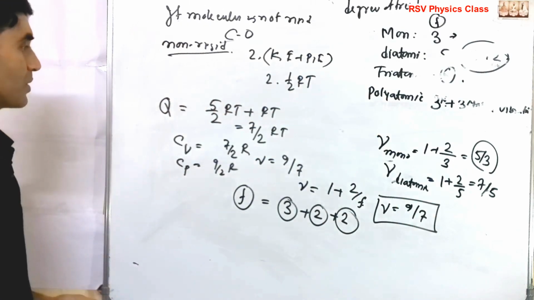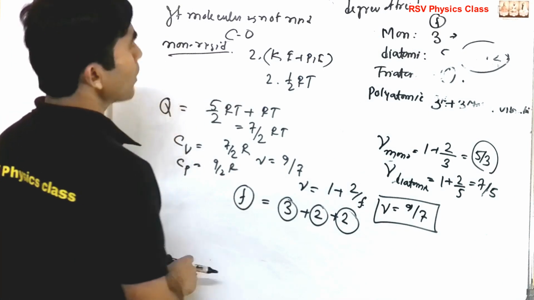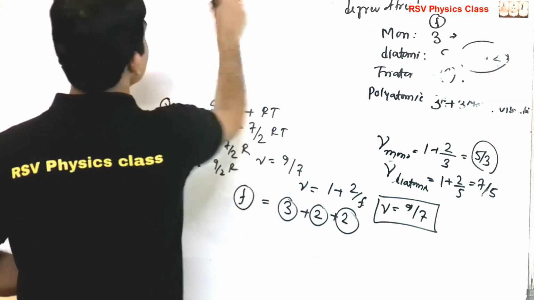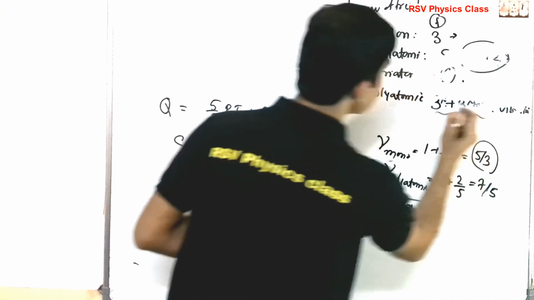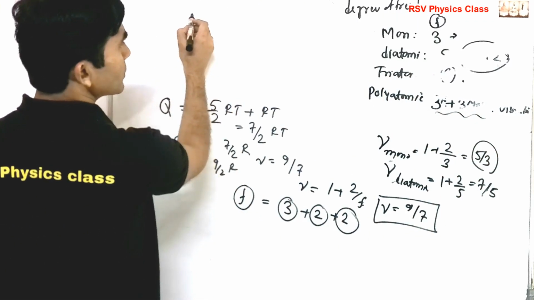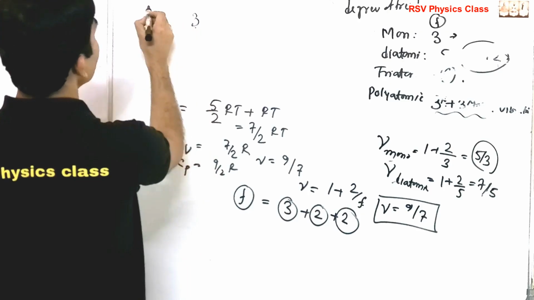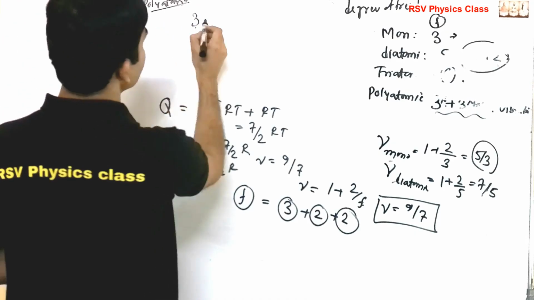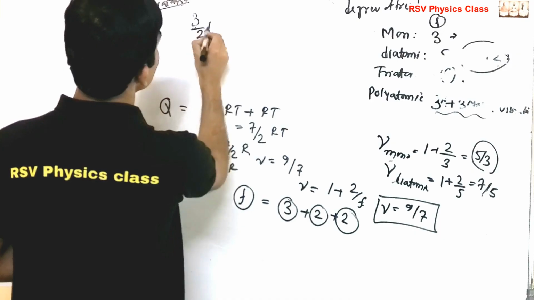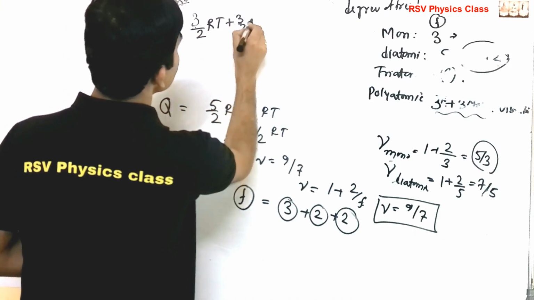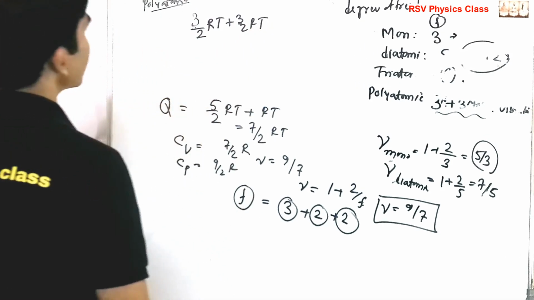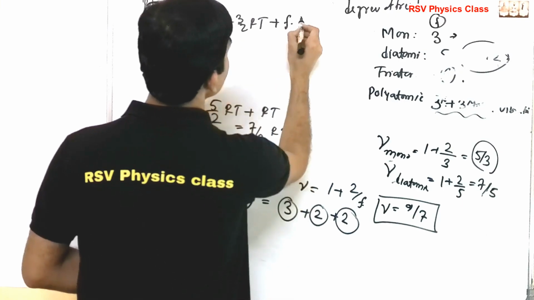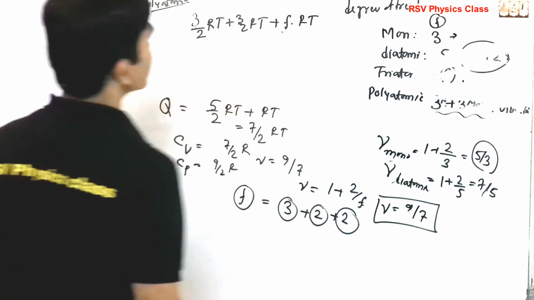This is the case. Okay, so in general for polyatomic molecules, when it is non-rigid, you have to write 3/2 RT, 3/2 RT, plus F, meaning here 1 degree of freedom for 1 dimension.